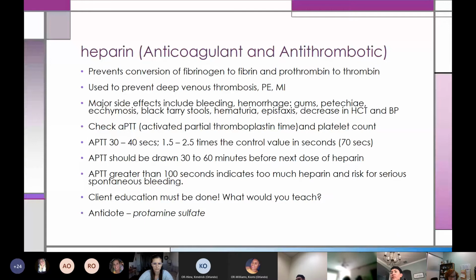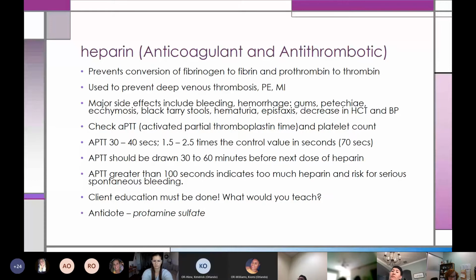We have to teach our patients about the use of heparin. So what would we want to teach them if they're going to be on heparin? If your patient is on heparin, what are you going to teach them? To monitor. No contact sports.